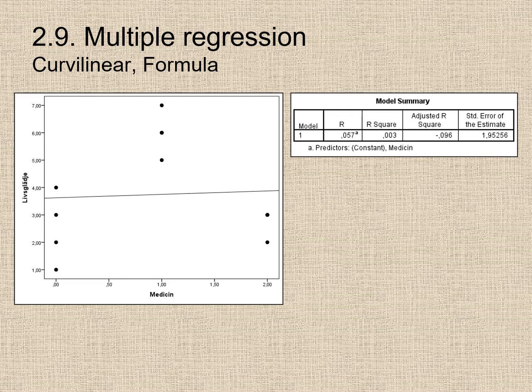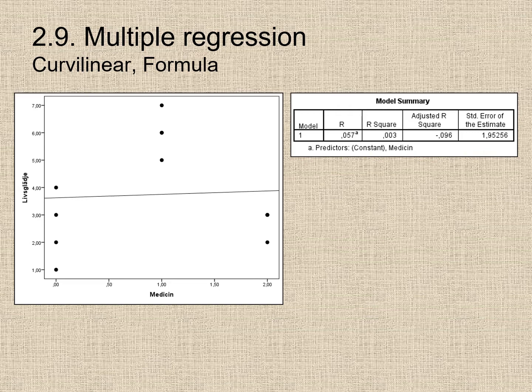This is the general formula for a curve. So we say a predicted value on the dependent variable is an intercept plus a coefficient multiplied by the value on the independent variable plus another coefficient multiplied by the square of the value on the independent variable.